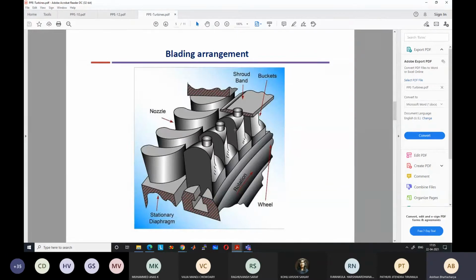The flow comes in like this, goes out in the other direction and pushes the blade in the forward direction, which manifests itself as rotation of the rotor blades.